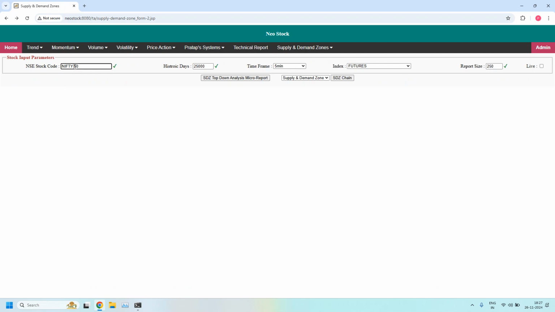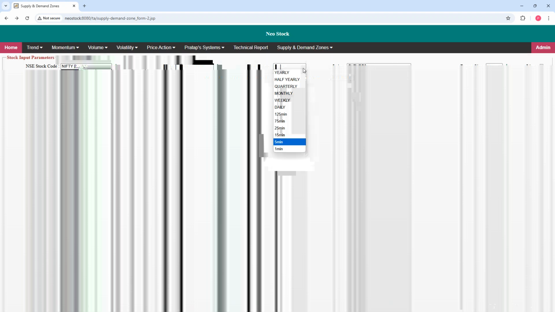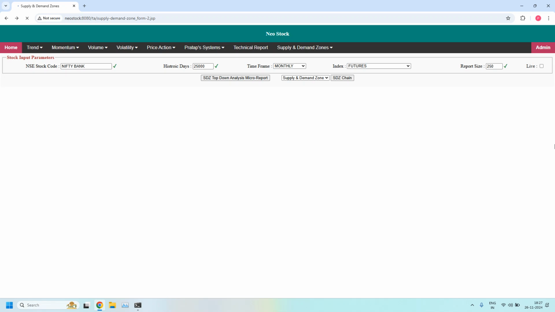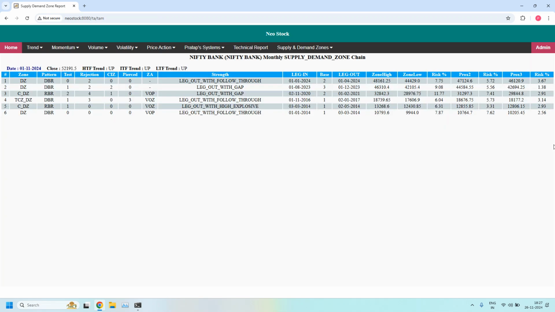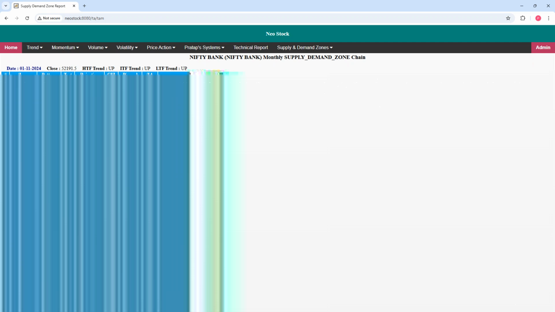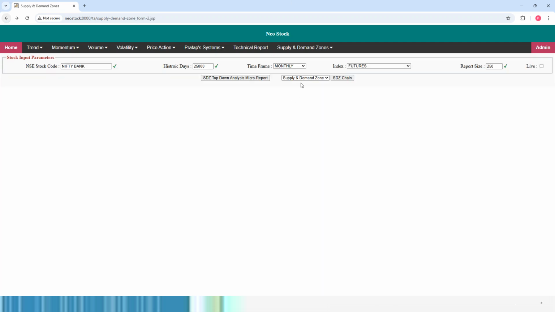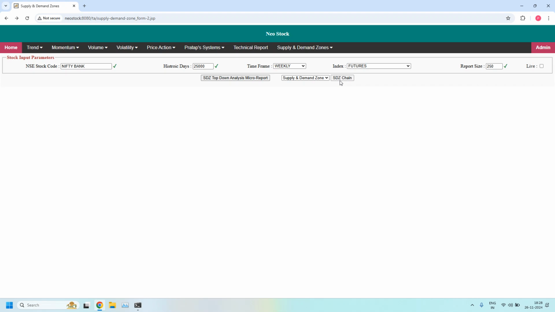Next, let us generate BANKNIFTY. That is nothing but NIFTY Bank. Starting with the monthly time frame, generating monthly supply demand zone chain for BANKNIFTY. Next, weekly supply demand zone chain for BANKNIFTY.